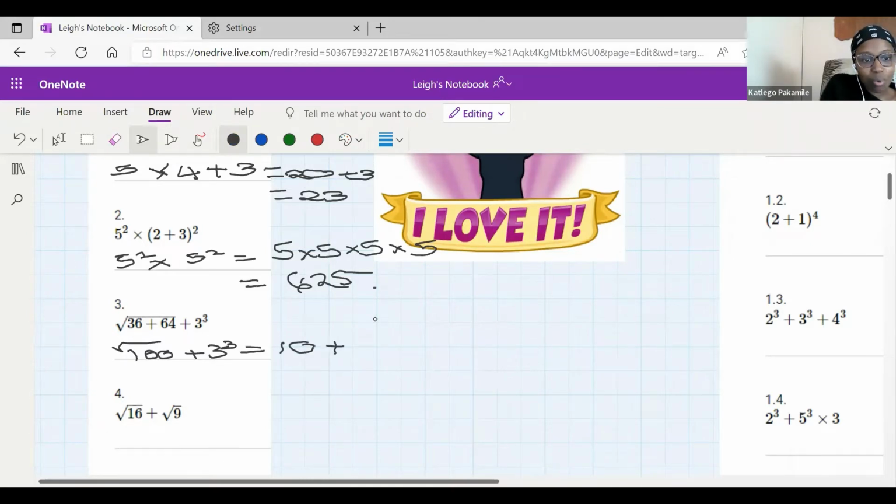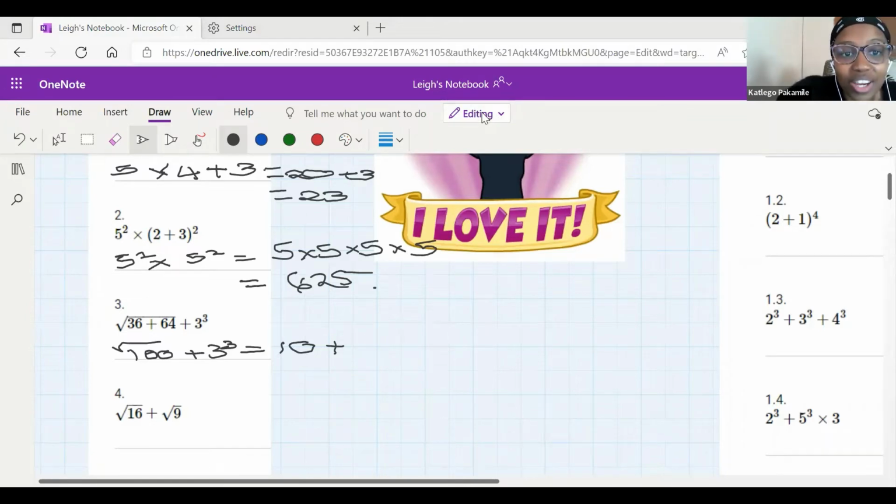Plus, what is 3 cubed? Takalani, 3 cubed? Ma'am, I just got in now, ma'am. I'm not sure what we're supposed to do. Okay, have you been to our previous lessons before? Okay, that's fine.